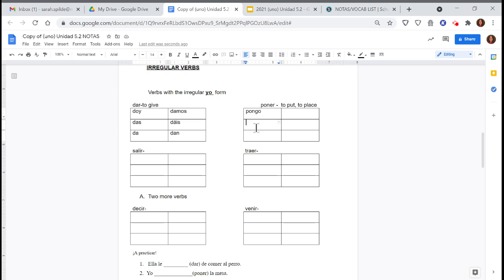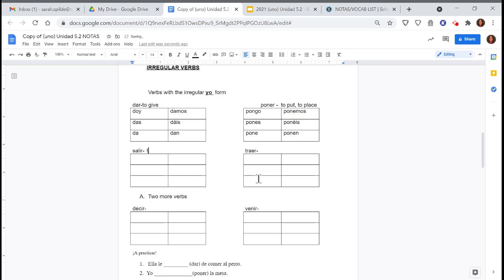And then the rest of the forms, it's an ER verb, so I'm just going to use my regular ER endings. So pones, pone, ponemos, ponéis, and ponen. So take off the ending, add es, e, emos, éis, en. No spelling changes except for the yo form.